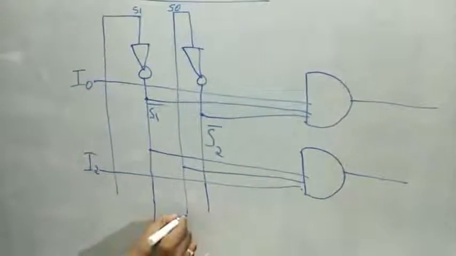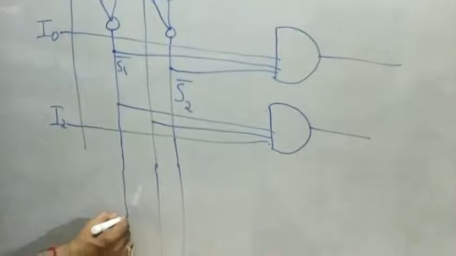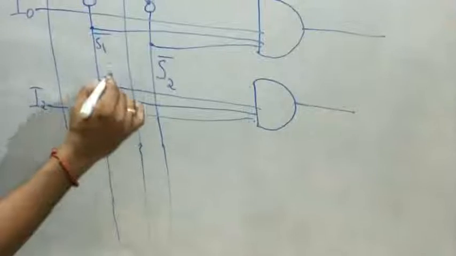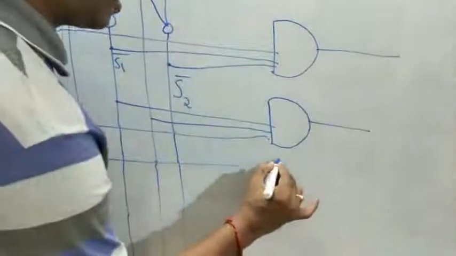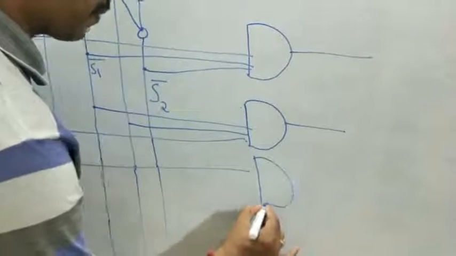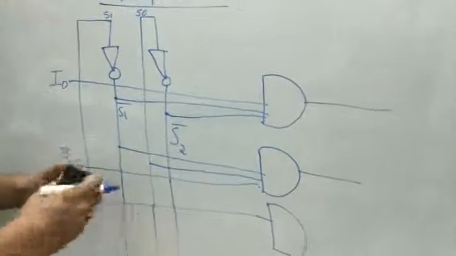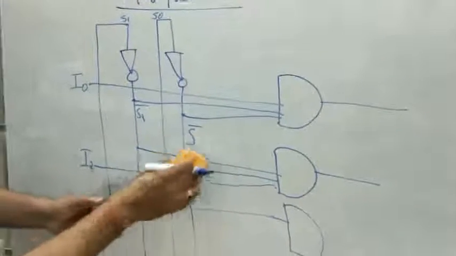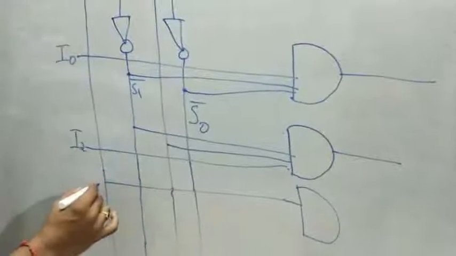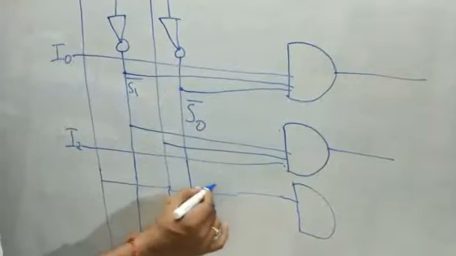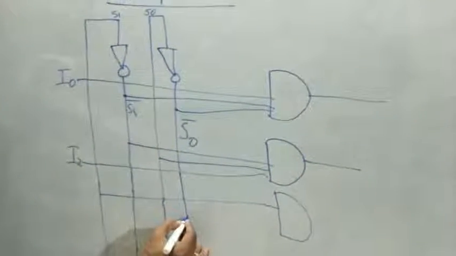Similarly, then 1 0, right? 1 0 means you have to take S1 directly, and here S0 dash, sorry. 1 0 means I am taking S1 directly, and 0 means we should get 1 at the AND gate, so we are going to take S0 dash here.